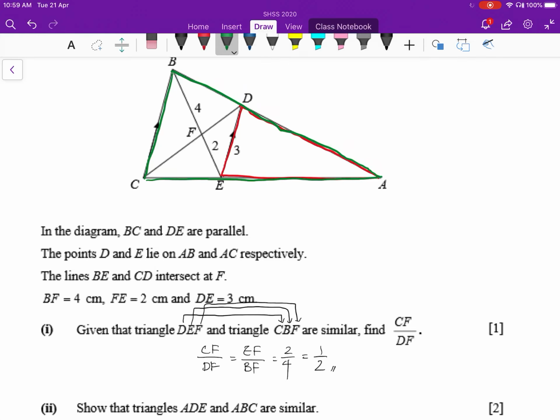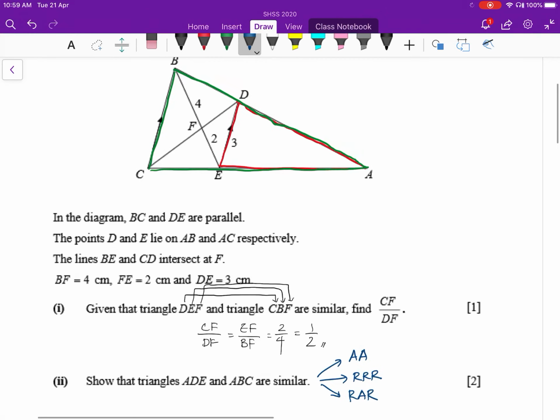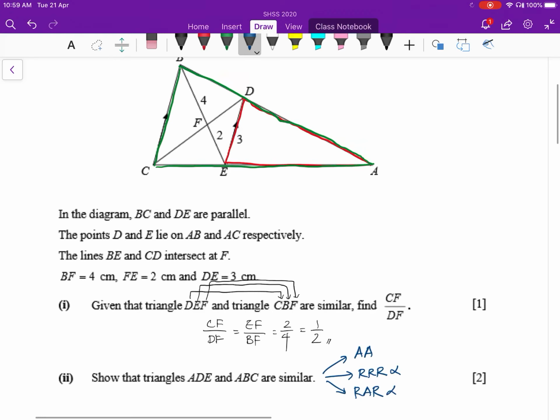Now, if you know our similarity tests, we have 3 different similarity tests. One of them is to find 2 angles that are the same. Another is all 3 ratios are the same. Another one is ratio, angle, ratio. In this case, we are not provided with any length other than DE, so we can't use RRR and RAR.